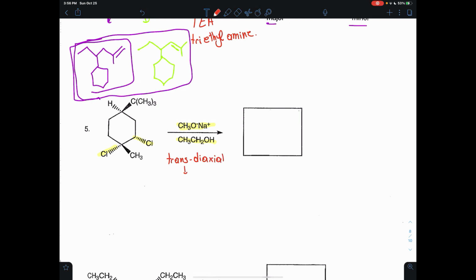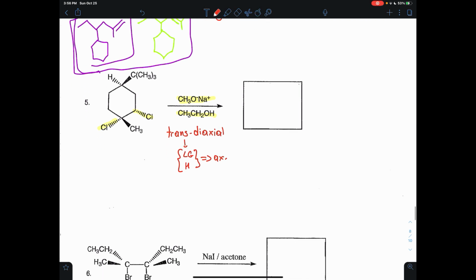What that means is your leaving group and your hydrogen both have to be on an axial, right? So knowing that, to form the more stable chair conformation, you want to have your tert-butyl right here on equatorial, right? So anything that is on a wedge right here, so the hydrogen right here that is on a wedge has to be axial, right?